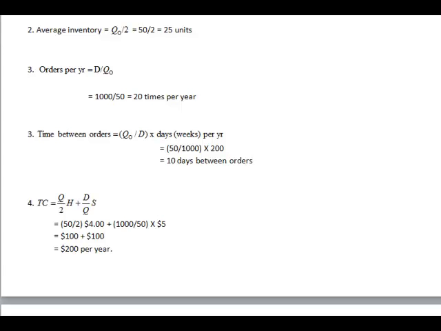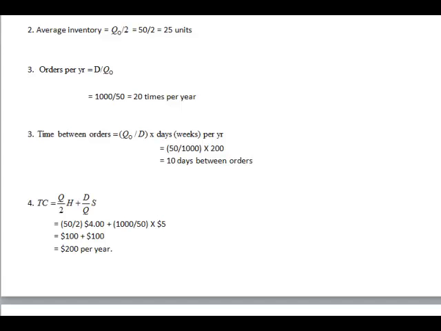You'll notice that the Q in this formula does not have the little O subscript, the O standing for optimum. So that is telling us that we can calculate the total cost of ordering and storage for any quantity. It doesn't have to necessarily be the optimum quantity.